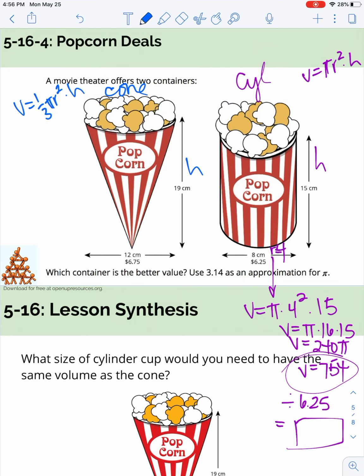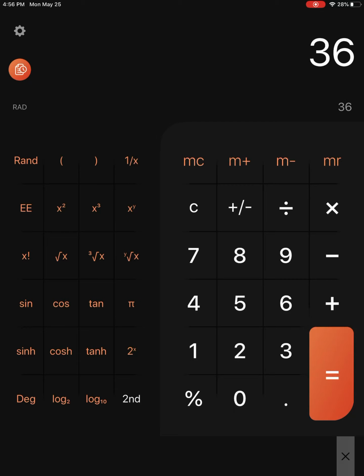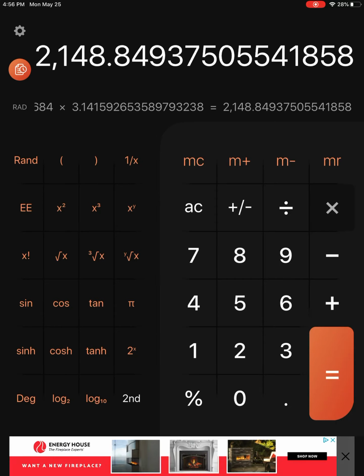So the other one ends up being, half of 12 is 6. So 6 is your radius. Your height is 19. So you get volume is 1/3 pi times 6 squared times 19. So 1/3 pi times 36 times 19. So 36 times 19 is 684 times pi equals 2,148.